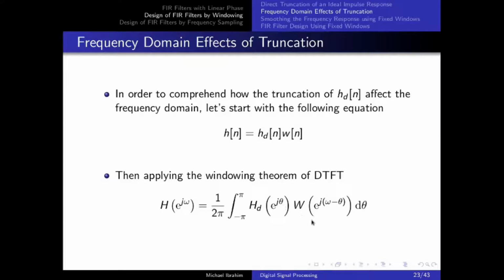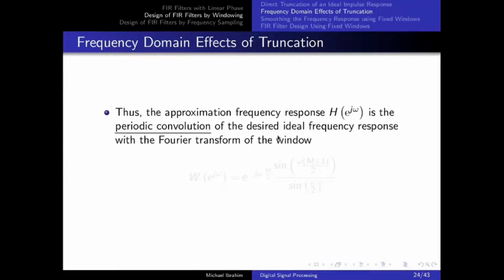So without going into much detail, think about periodic convolution as some sort of linear convolution but with slightly different mathematical details. So the approximate frequency response h of e to the power j omega is the periodic convolution of the desired ideal frequency response and the Fourier transform of the window.